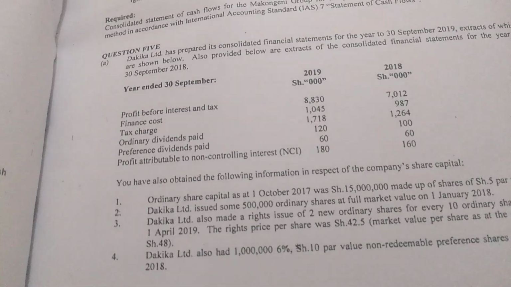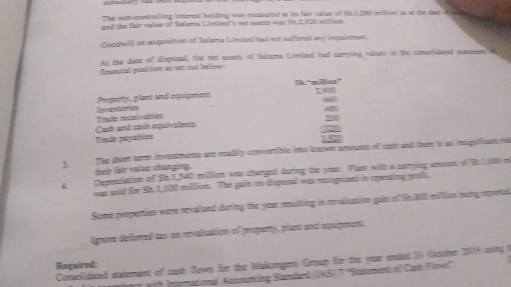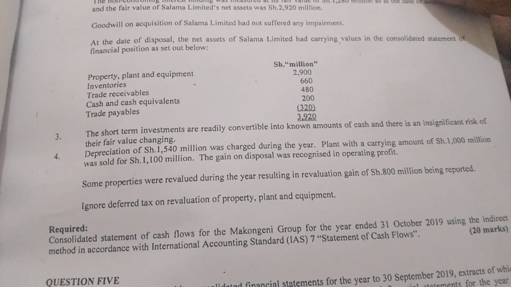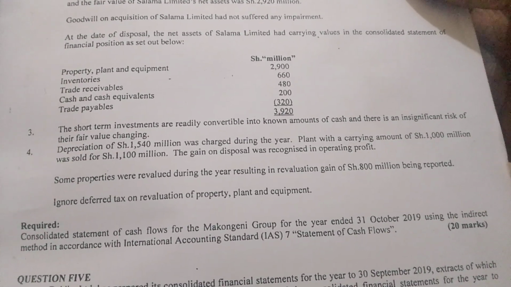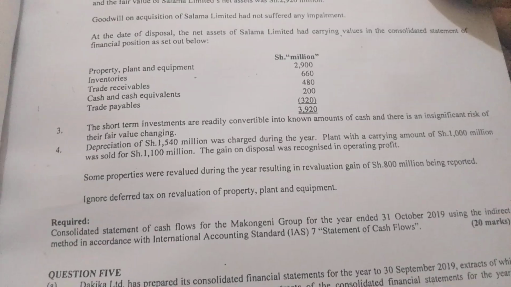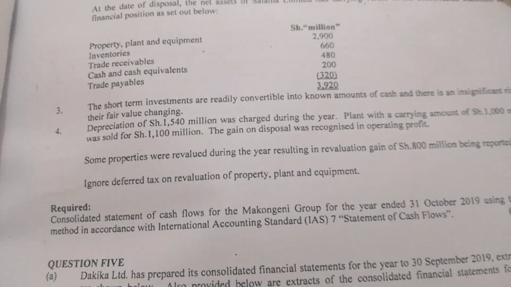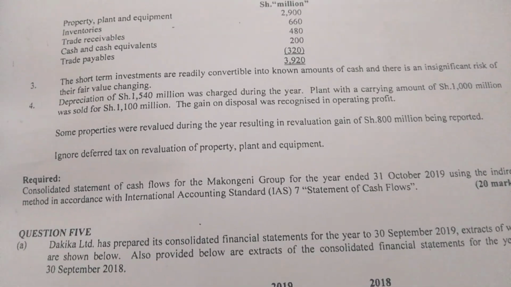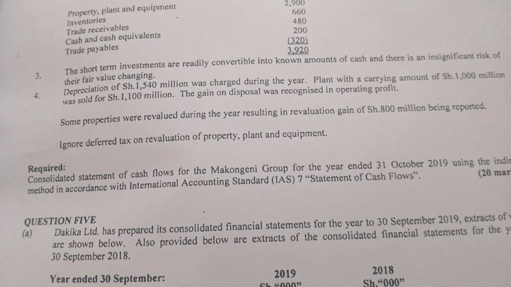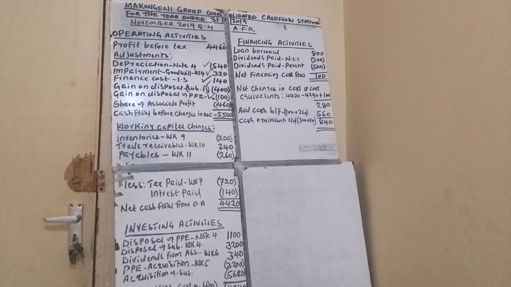Note number 4 is still having depreciation. Depreciation was 1540. We have done depreciation. Plant with a carrying amount of 1000 was sold for 1100. So if the carrying amount means net book value, if the net book value is 1000 and we are selling that asset at 1100, then the difference means what? We have a profit, we have a gain.